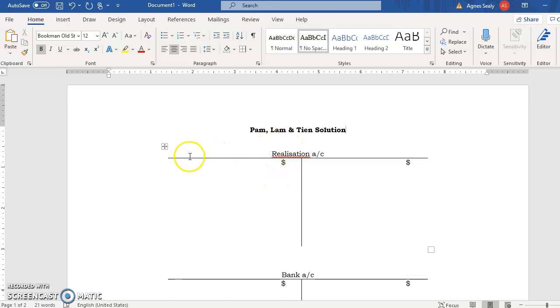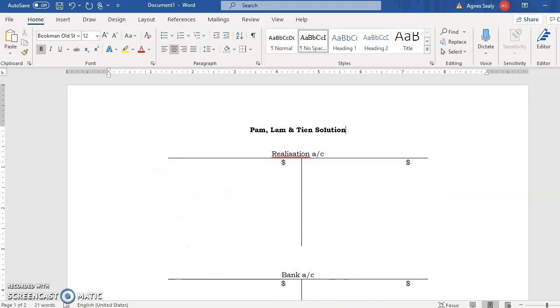And this is our realization account. The left side, remember, is the debit side, and this is the credit side. And the accounting entries for dissolution state that one of the first things we need to do is transfer the book values of all the assets to the realization account.